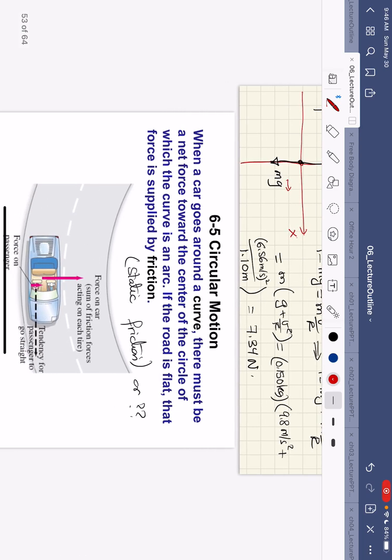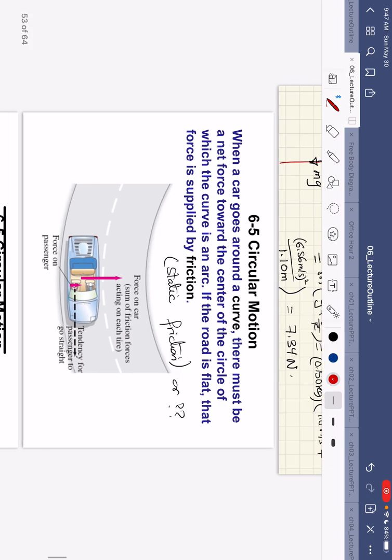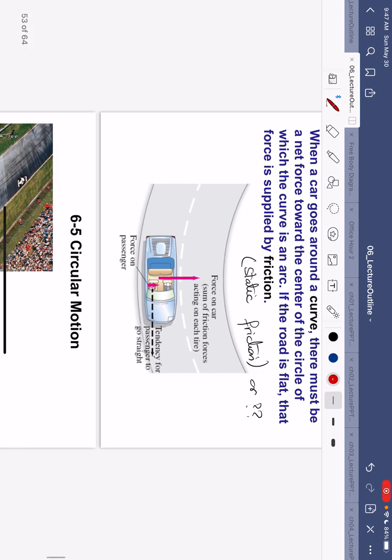Now, when a car goes around a curve, there must be a net force towards the center of the circle. Here I will say if the road is flat, the force is supplied by friction. And maybe there is always a question, okay, the car is moving, why are we going to consider static friction?